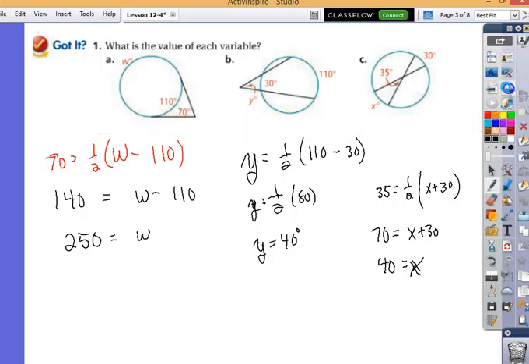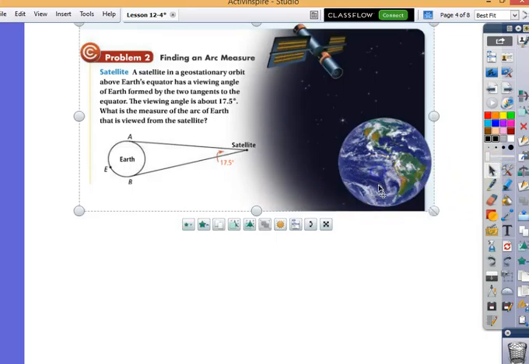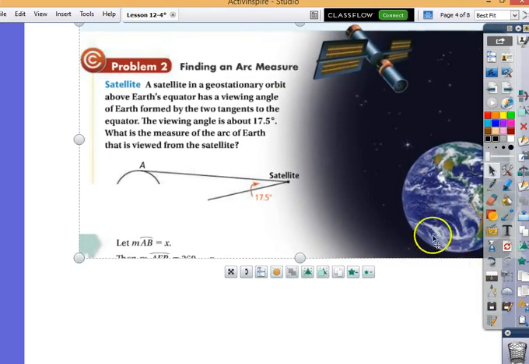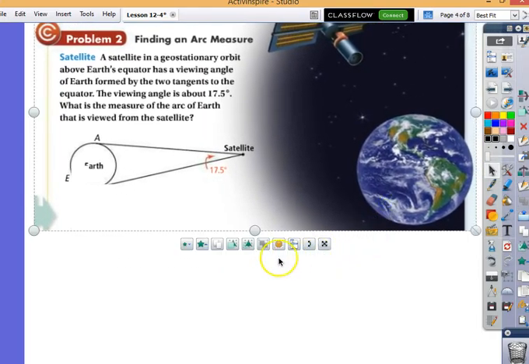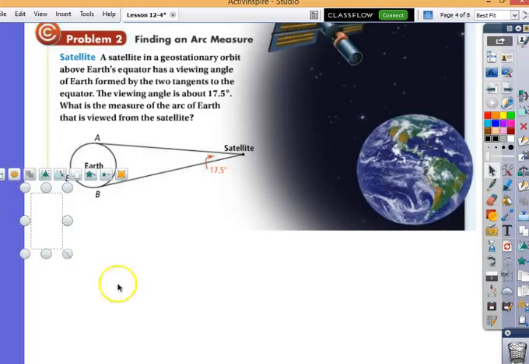Now let's take a look at what these might look like as a word problem. I'll make this a little bit bigger here. All right. So we got planet Earth, and there's a satellite orbiting the Earth, and it has a viewing angle formed by the two tangents.